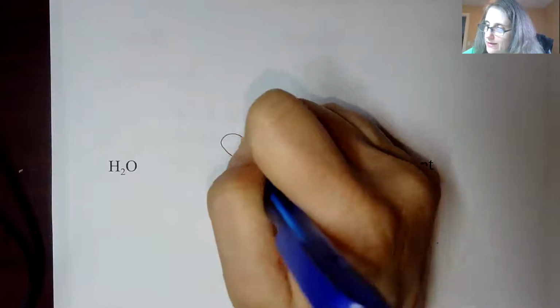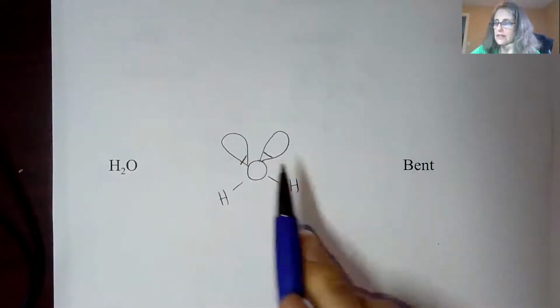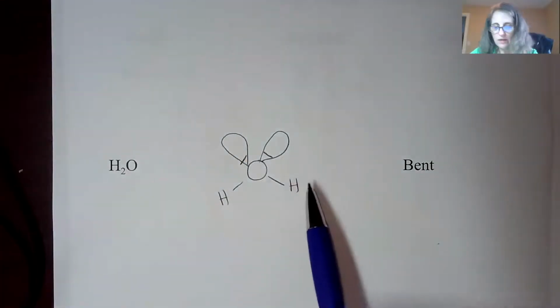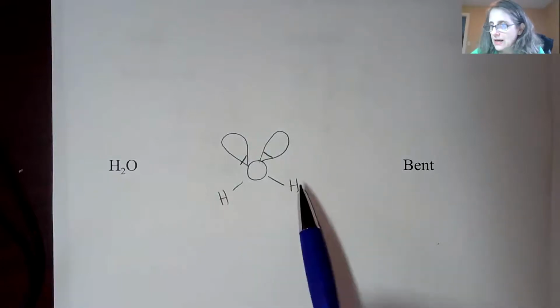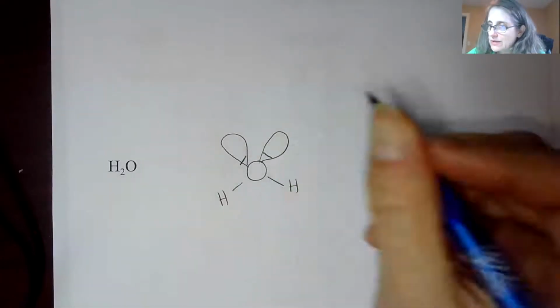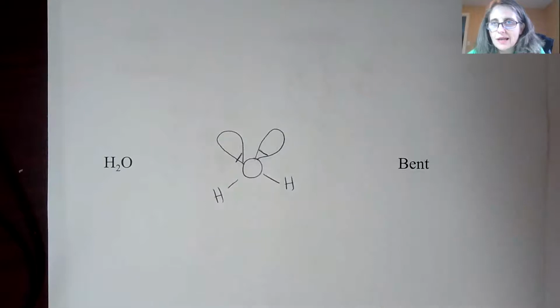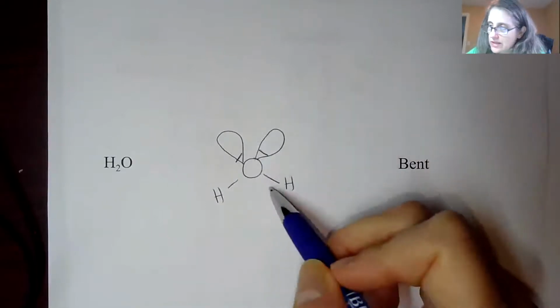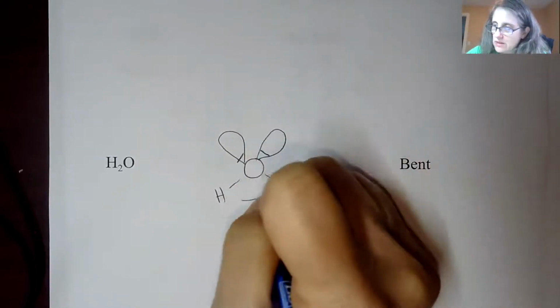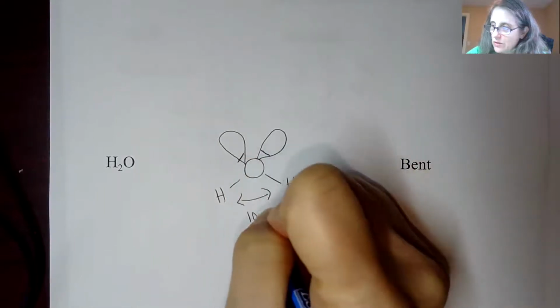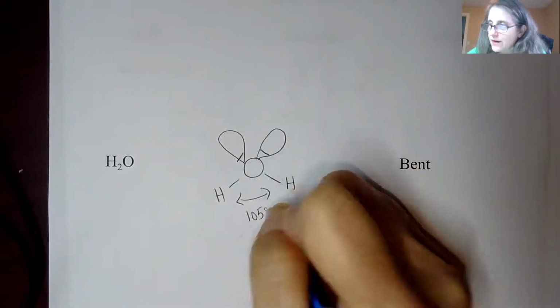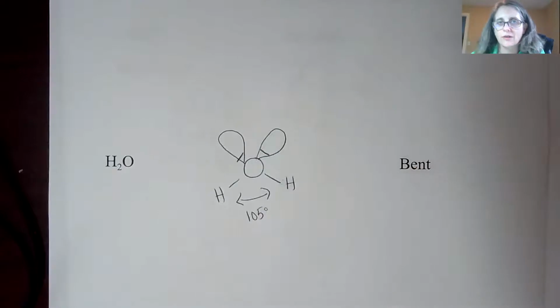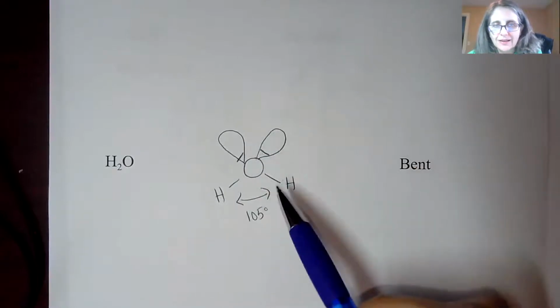I have 2 lone pairs on the oxygen because oxygen has 6 valence electrons, and then you have the 2 hydrogens attached. The backbone is a tetrahedral, but what you're seeing is just the bonds. The angle between these 2 bonds is about 104.5, or about 105, which is sufficient for our discussions. It kind of looks like a little face there.